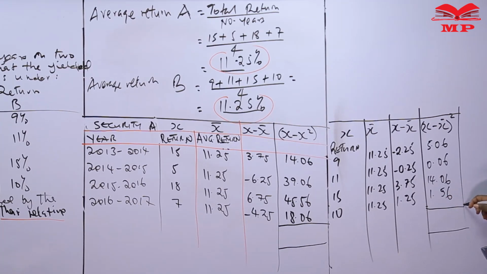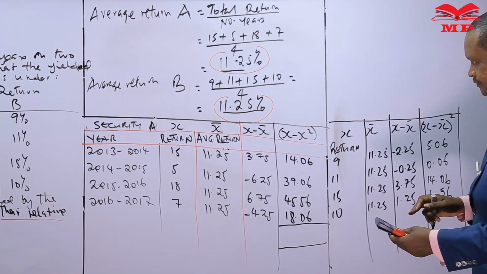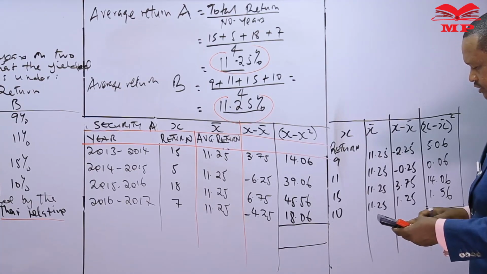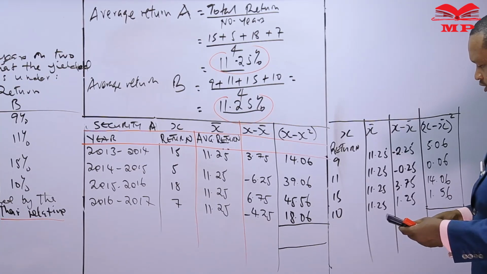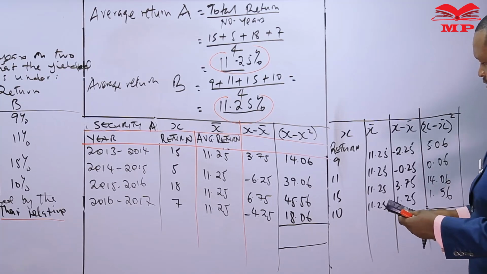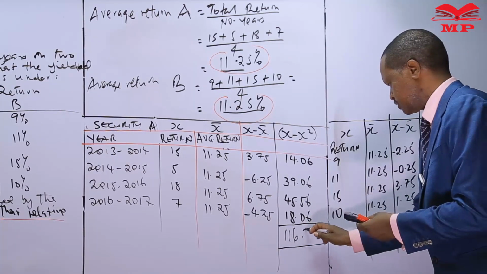Starting with security A, 14.06 plus 39.06 plus 45.56 plus 18.06 is 116.74.